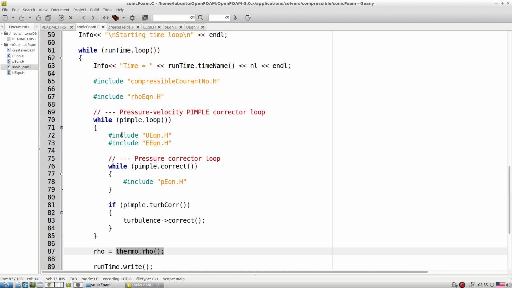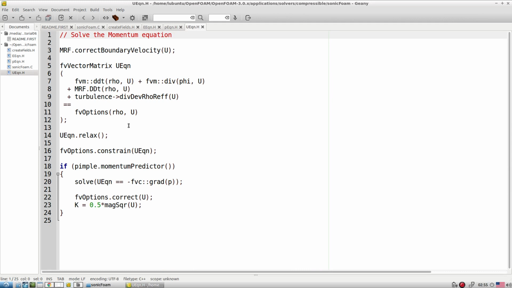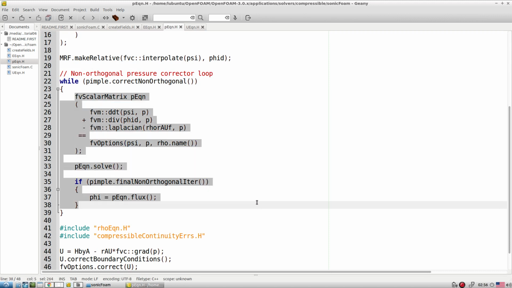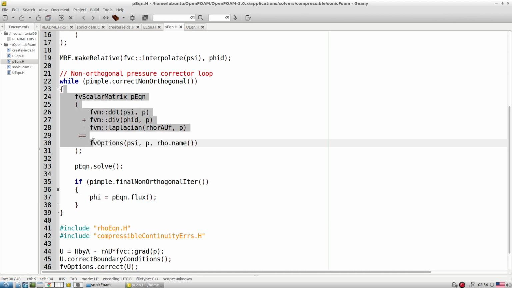Then let's observe our U equation. The U equation is almost the same, but compared to the incompressible flow, here we have density within our differential equations. So that is the change you observe, and based on our requirement we have to generate the kinetic energy at the end here. Then the pressure equation. Now our pressure equation is completely different compared to the normal incompressible equations.